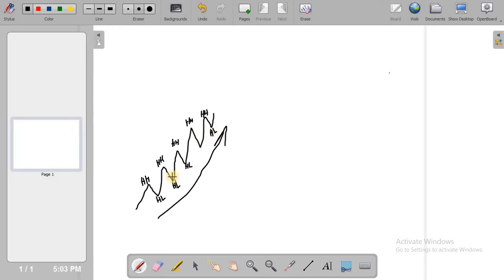So guys, this is what you are to expect. Sorry, I think I made a mistake. Let me clean part of it. So this is what you are to expect in an uptrend.